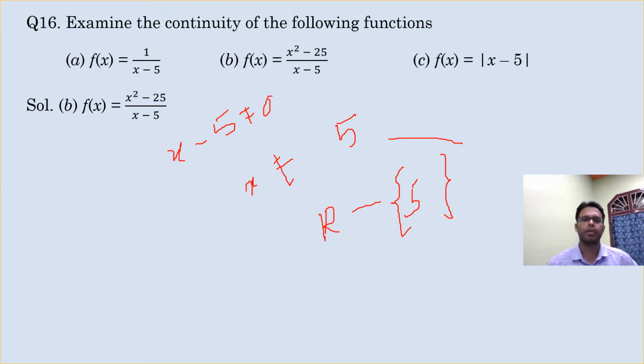So if you take x = a to be any point in the domain of the function, it indicates that a is not equal to 5.